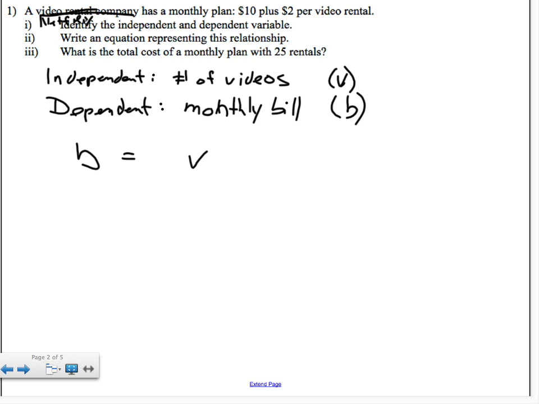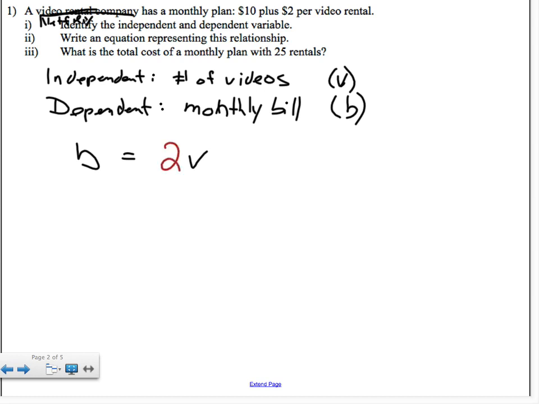Well, what thing is always going to change based on the number of videos we watch? The cost of the videos, right? Each video I watch is going to cost me $2.